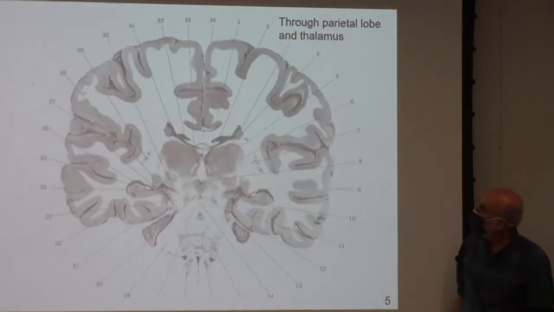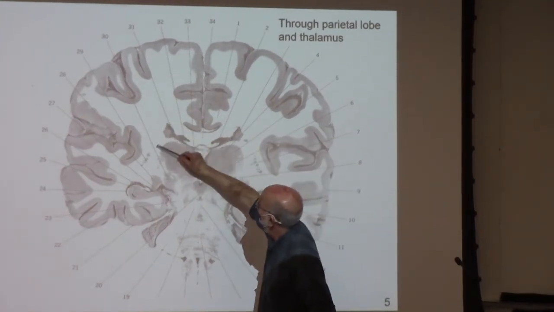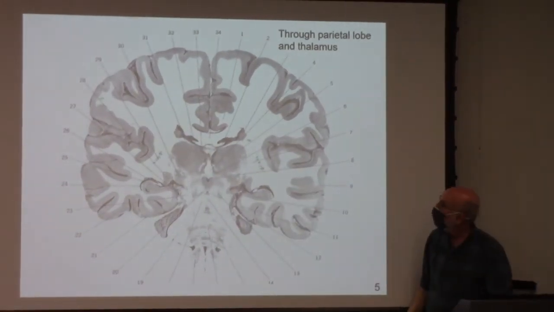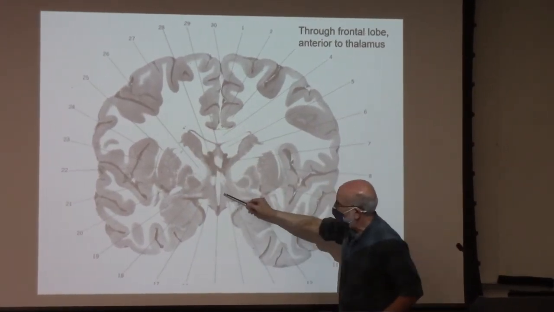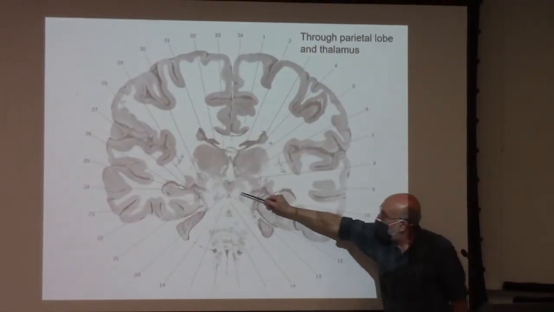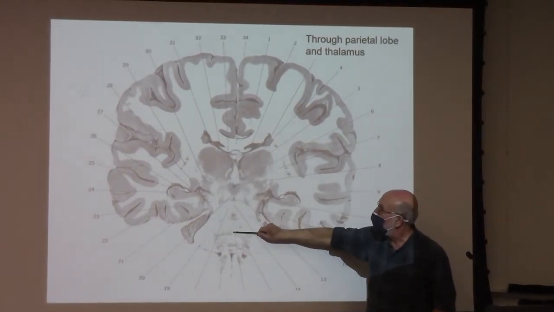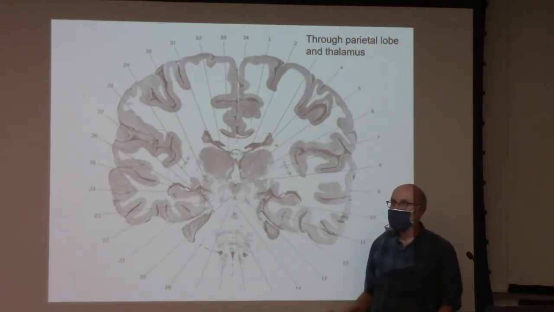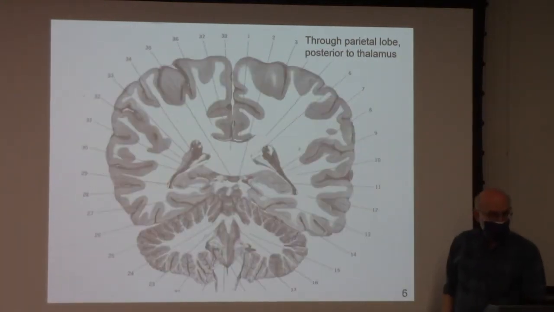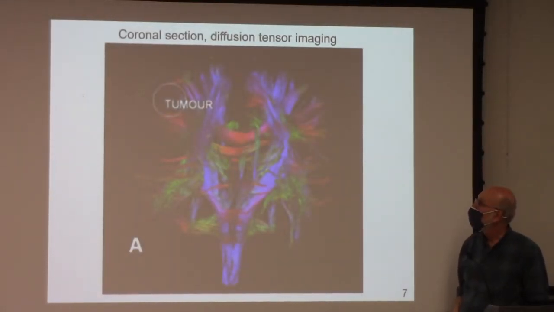Let's go back to the first image. Corpus callosum, internal capsule, then connected to that, down here, that would be the medulla, and there's the pons, and there's the midbrain. I know it's hard to see, but let's dim the lights for this.